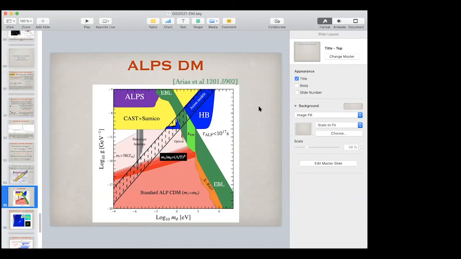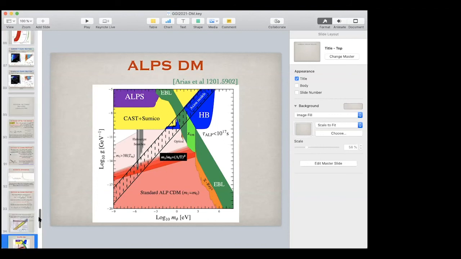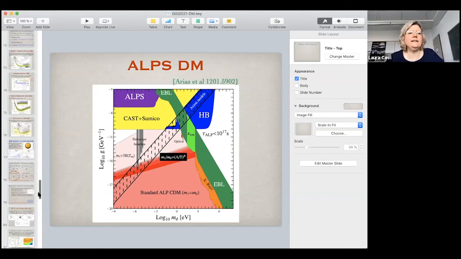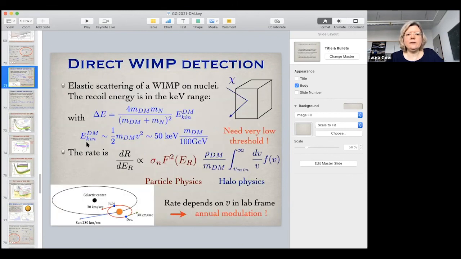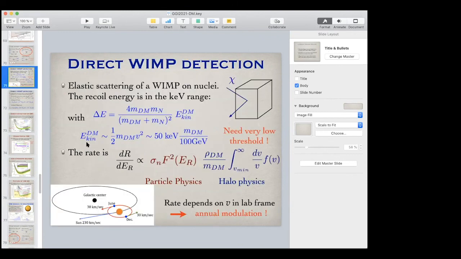So I am saying in the previous days, when you were explaining the WIMP direct detection rate, you use this as the Maxwell velocity distribution function.